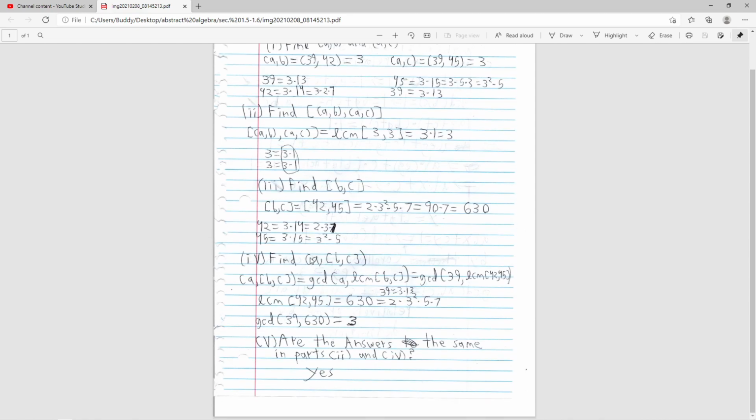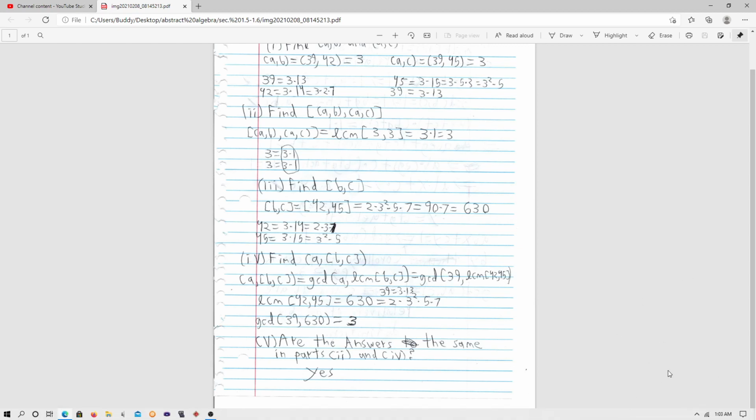Then part 4 is find the greatest common divisor of A and the least common multiple of B and C. The greatest common divisor of those two numbers. So this is GCD of A and LCM of B, C, which is equal to GCD of 39 and LCM of 42, 45.